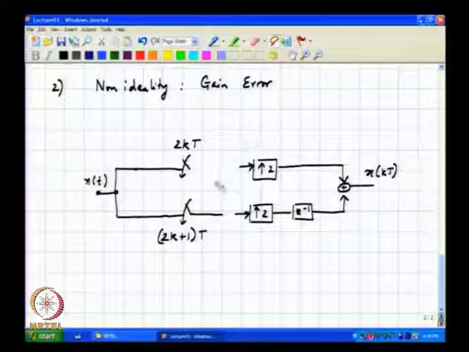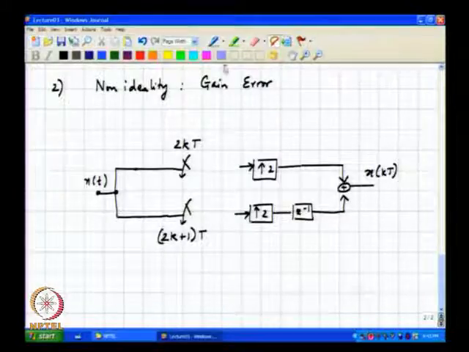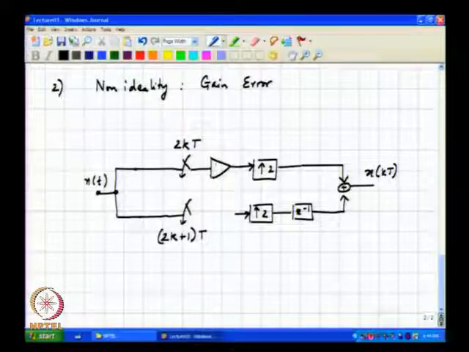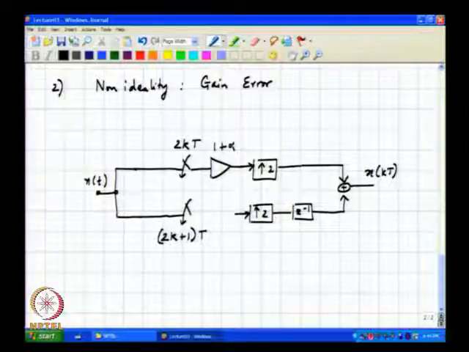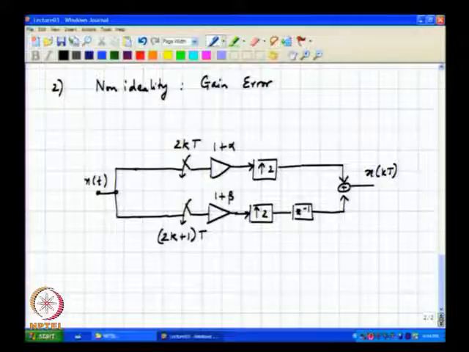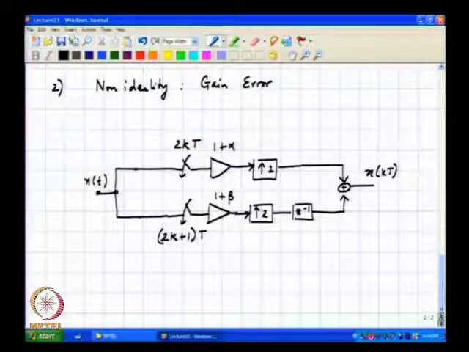In other words, the nominal gain is 1 plus alpha, and the nominal gain is 1 plus beta in the lower channel. Ideally, alpha equal to beta equal to 0, both are very small numbers.